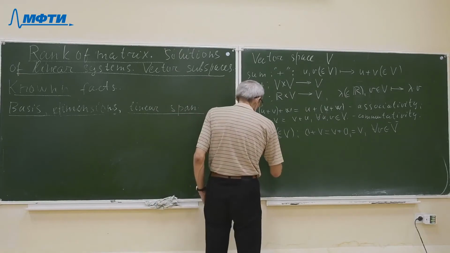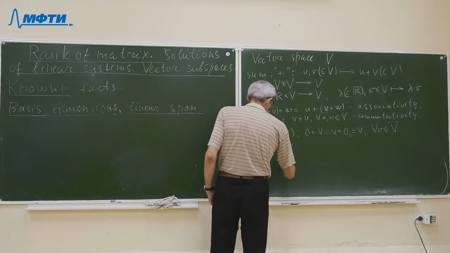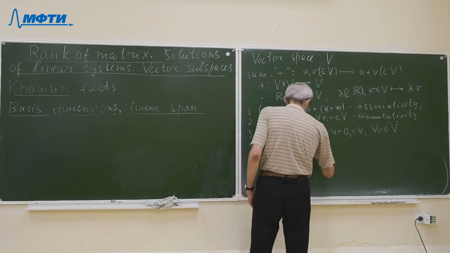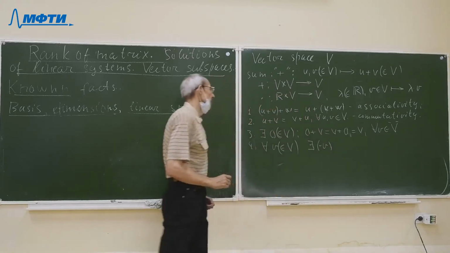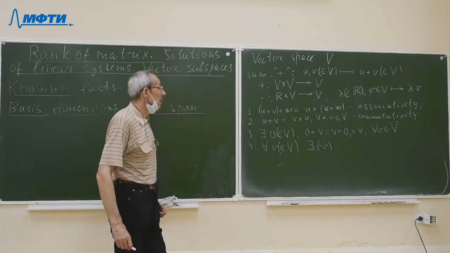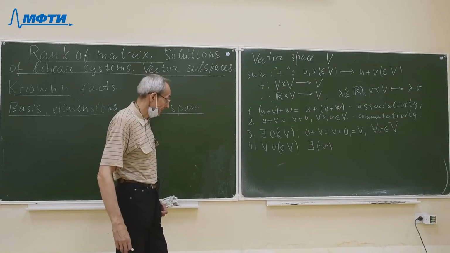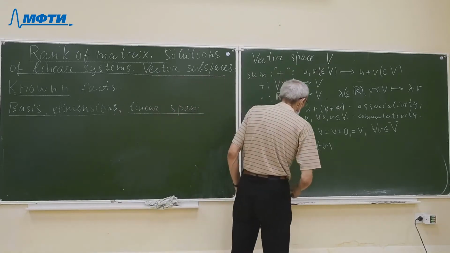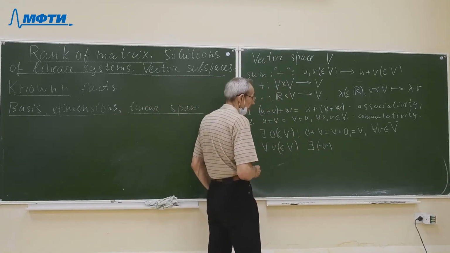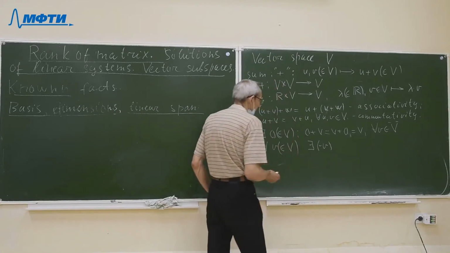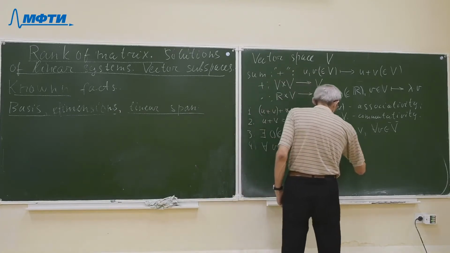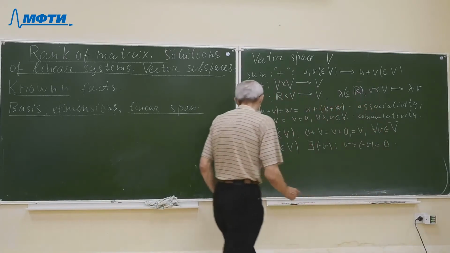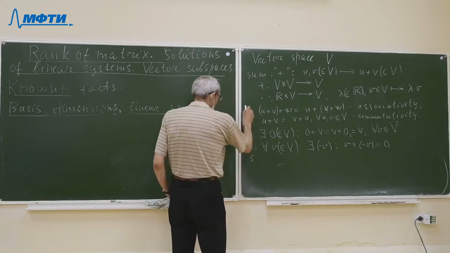For every vector v from vector space V there exists a vector which is called the opposite vector, minus v, such that v plus minus v is equal to 0.